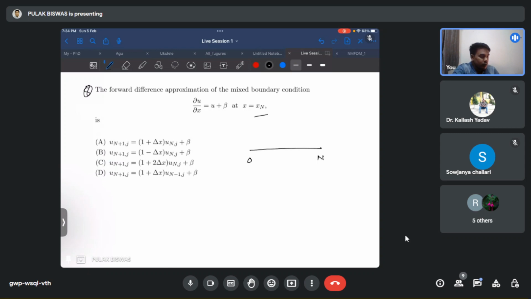So here the value will be the n plus 1th value. And you have to use the forward difference.